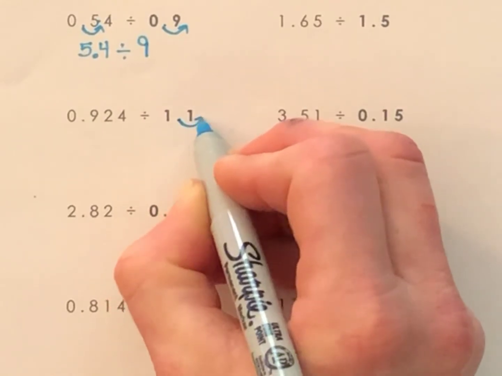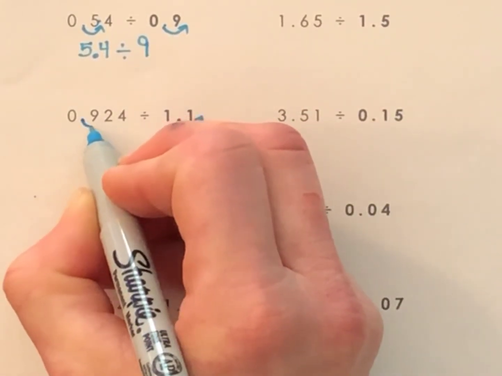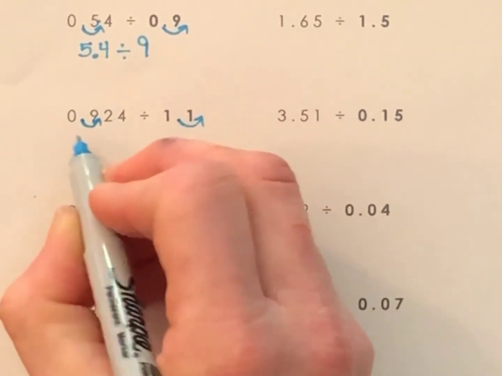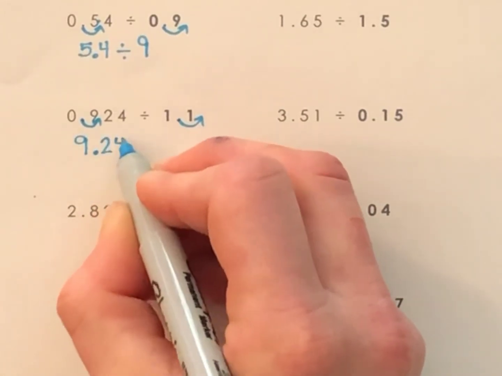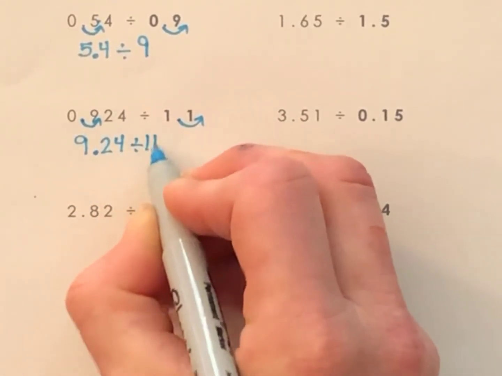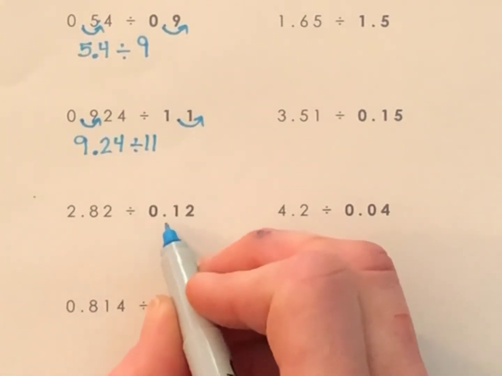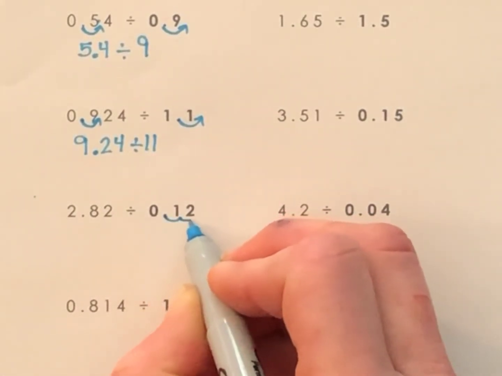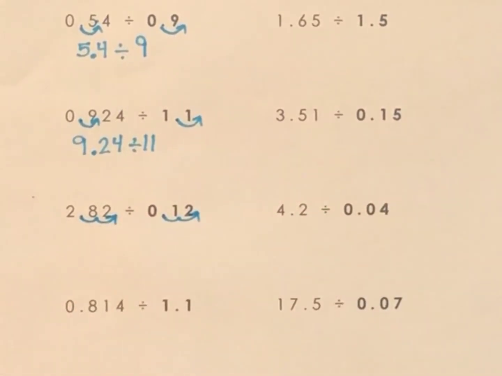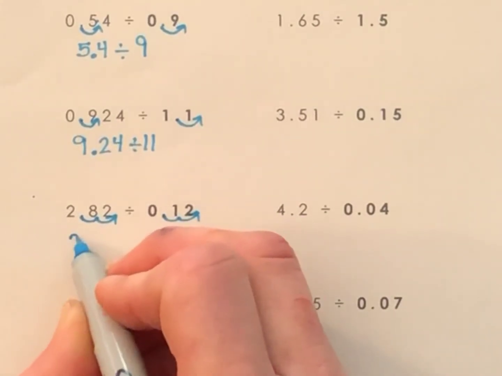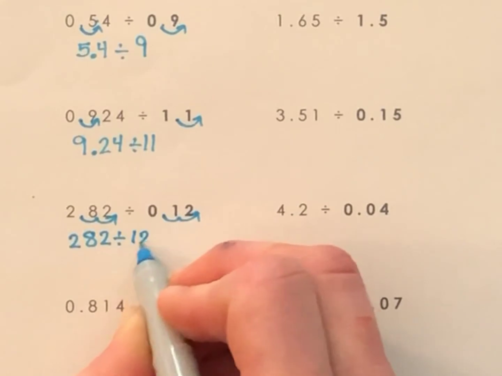This decimal moves 1 place, so then this decimal can only move 1 place. So now we have 9 24 hundredths divided by 11. Here we go. This decimal moves 2 places, and this one moves 2 places. 2 whole numbers, 282 divided by 12.